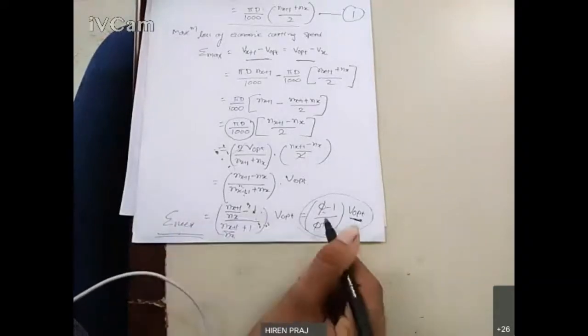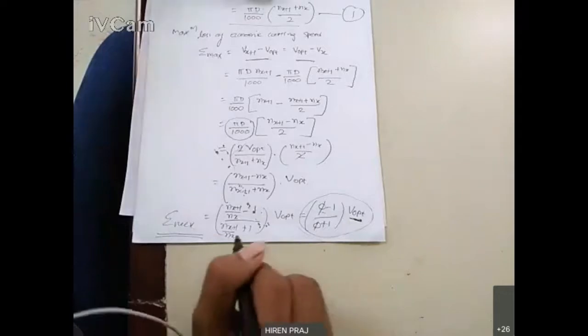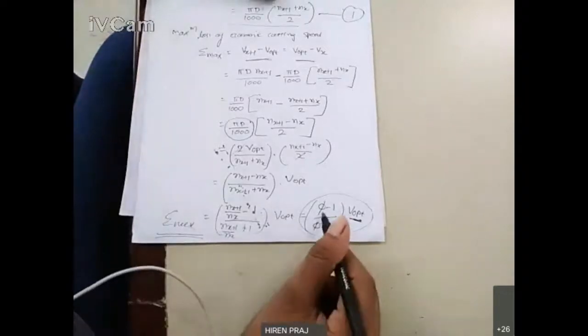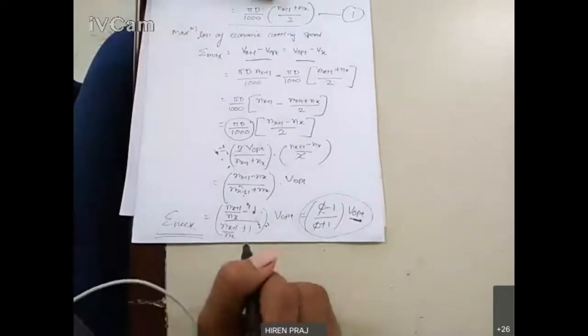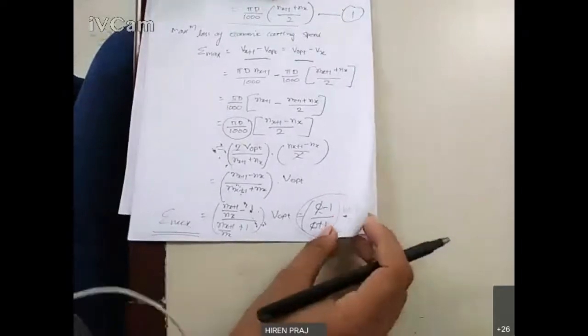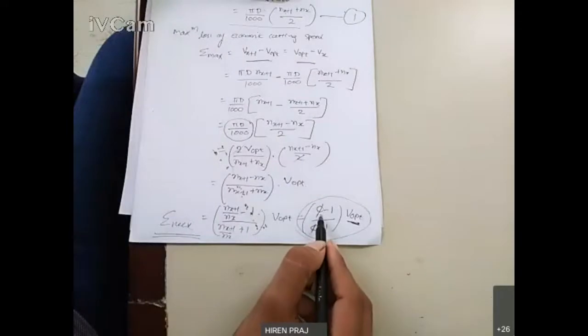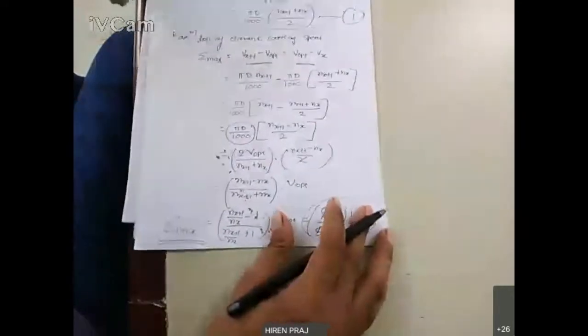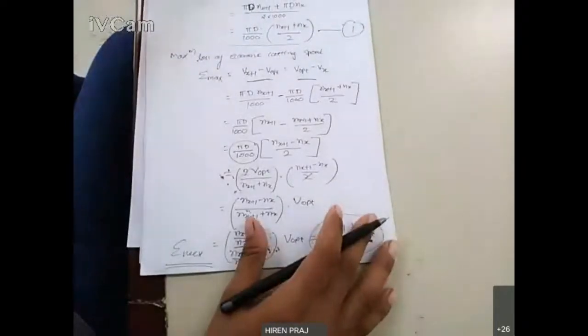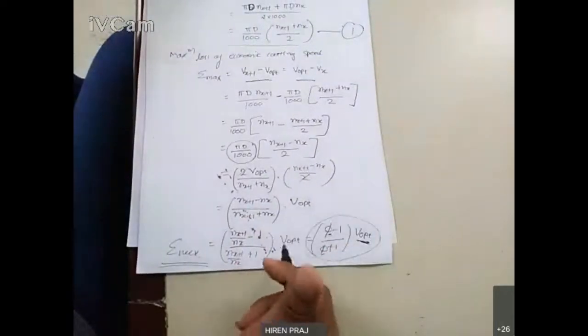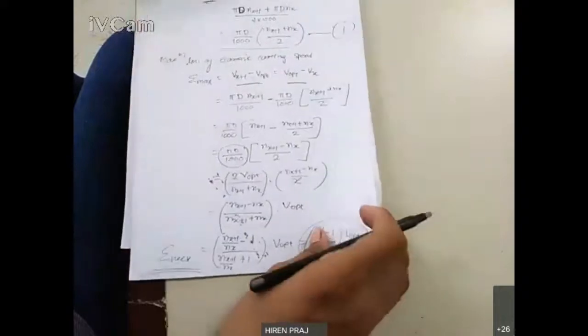So sigma maximum is depending on phi, the geometric progression ratio constant, right? So if you are following geometric progression, then for each cycle this phi remains constant. That we'll see next. But this is the equation for maximum loss of economic cutting speed in machine tool gearbox.